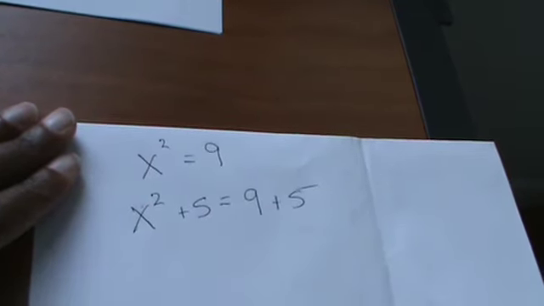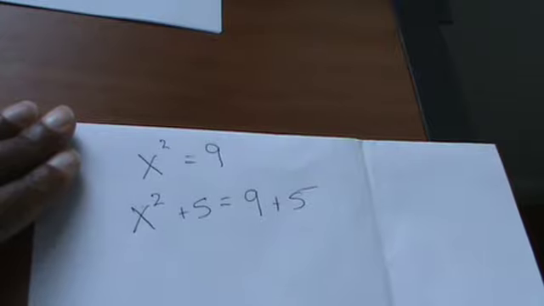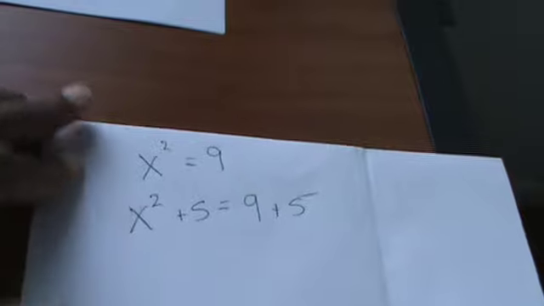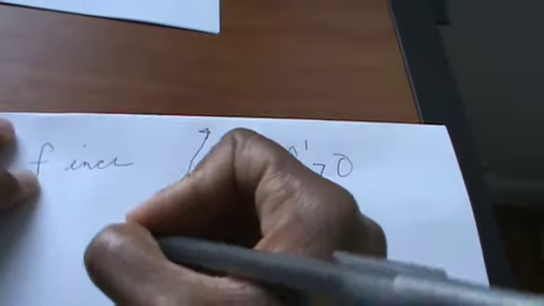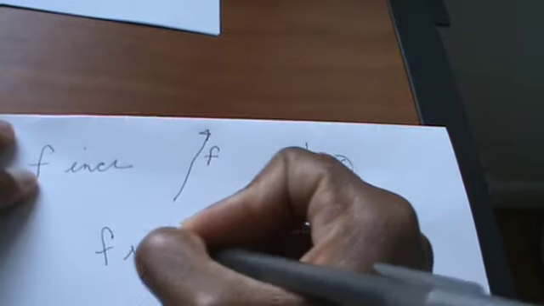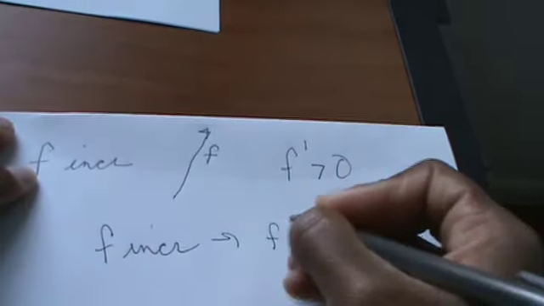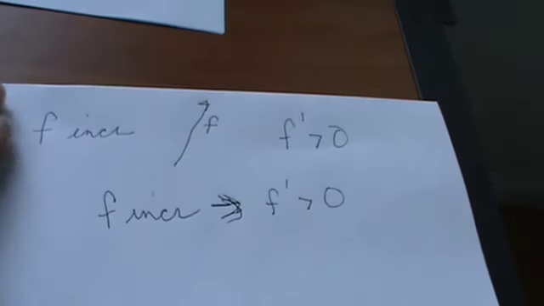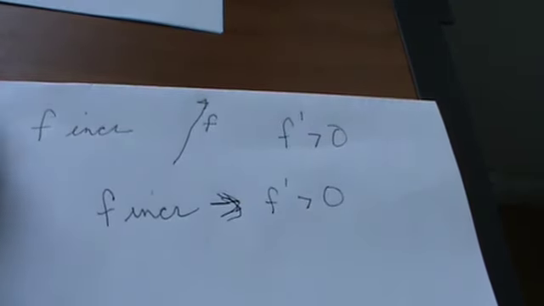So as long as I'm consistent on both sides of the equation, then I should still get the exact same x, right? If I subtract 5 from both sides, I get back here. All right, so what I'm going to do is I'm going to write down these equivalent relationships. If f is increasing, then f prime is positive. Okay, I'm going to do the exact same thing on both sides.